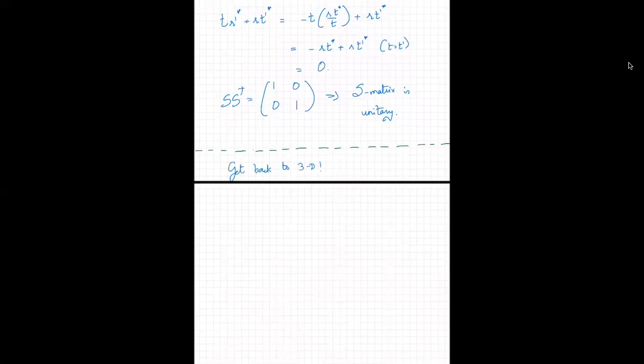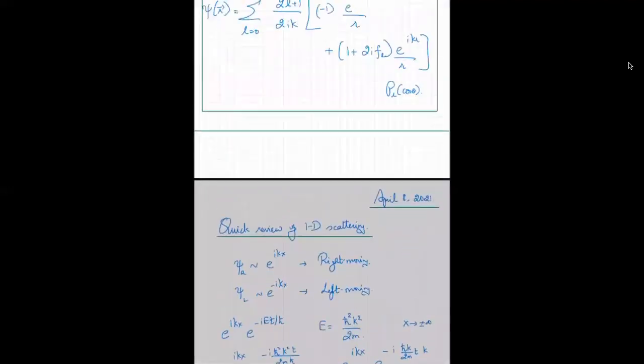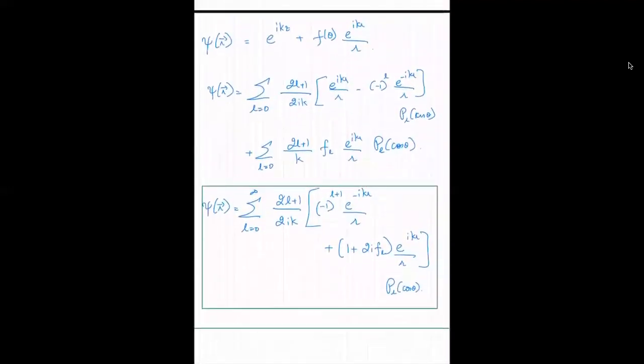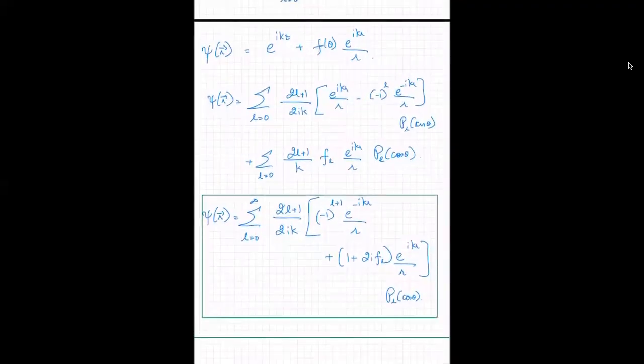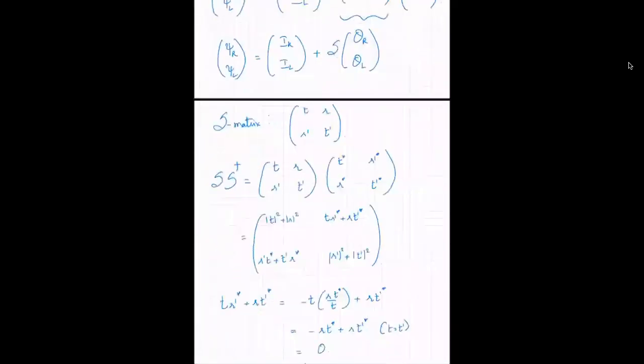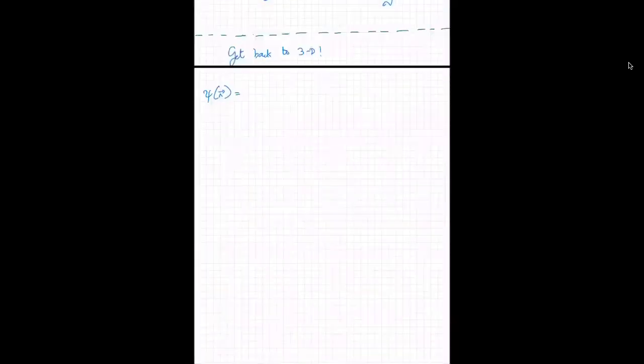Okay, let us look at the wave function that we wrote down, which I will write again. What is this equation? So if I write this equation again, I have the sum over L equals 0 to infinity.